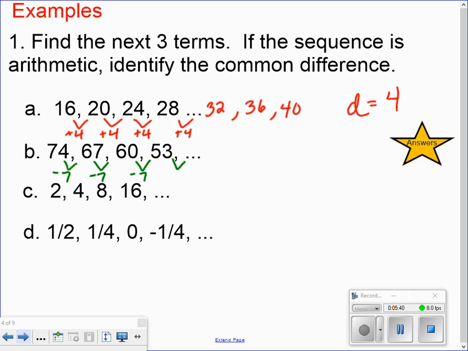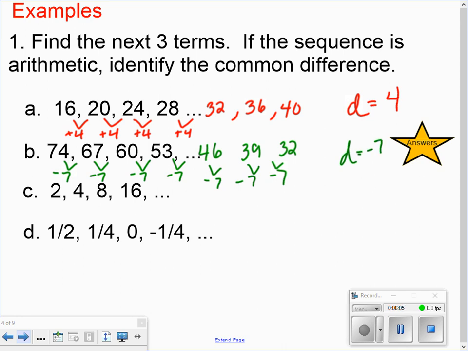To get to the other terms, we would have 46, and then 39, and then 32. Again, we have an arithmetic sequence because that pattern is a constant subtraction, and so our common difference here would be negative 7 or minus 7.